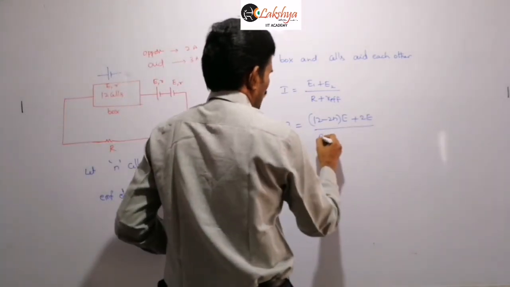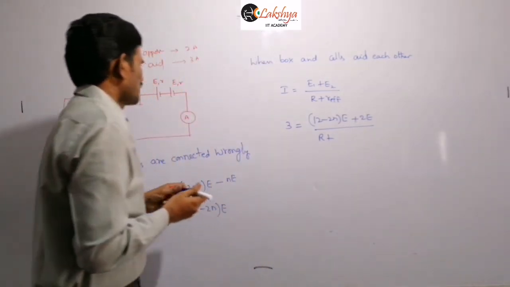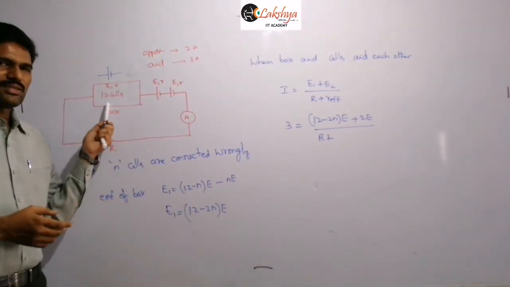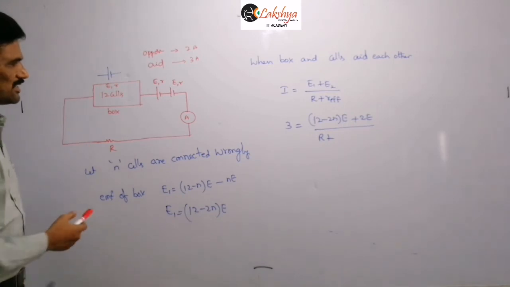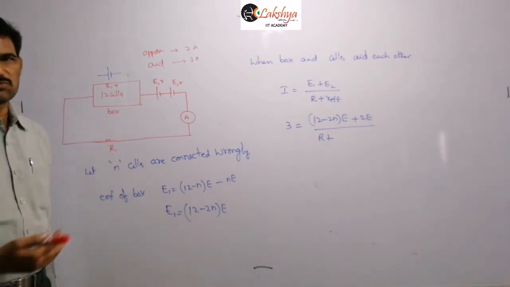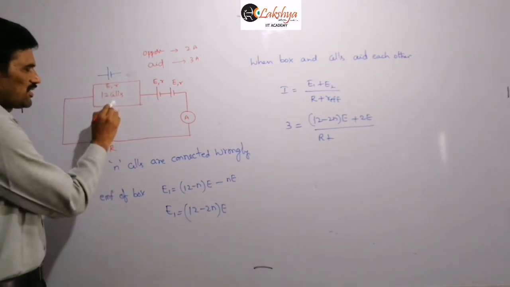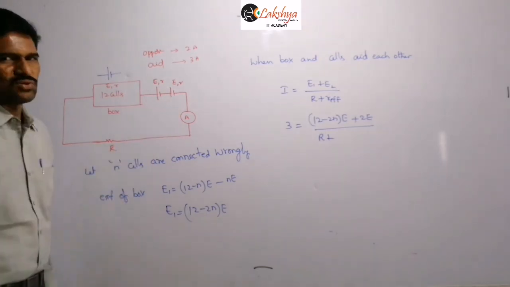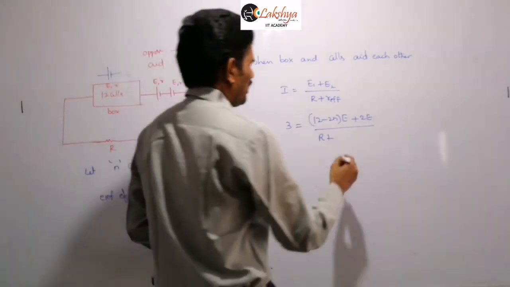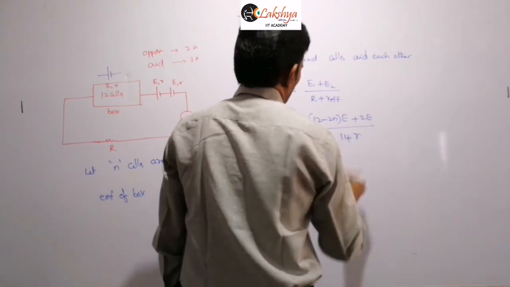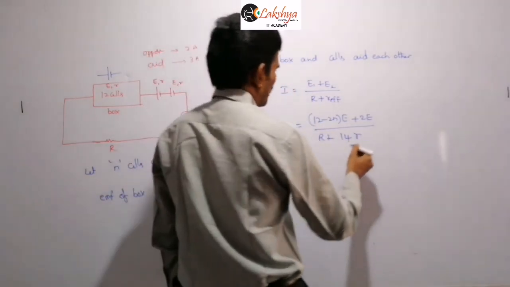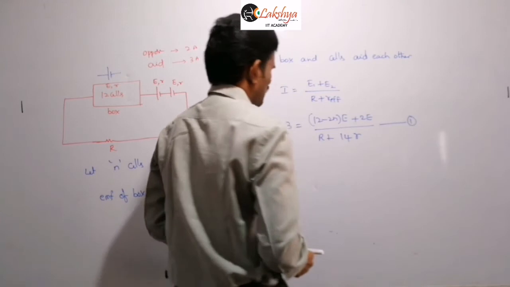By this R plus, and we discussed already whether the cells are connected correctly or wrongly, their resistance will be in series only, that is 12r. That resistance will be in series with this 2r. So total internal resistance will be 14r, because we can conclude that 14 cells are connected in series.